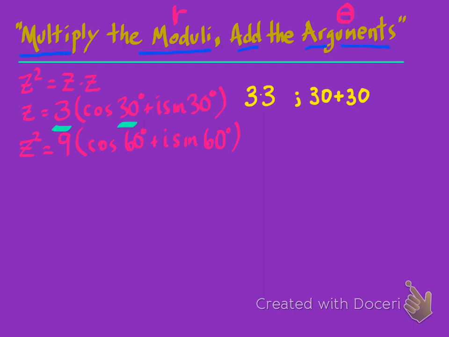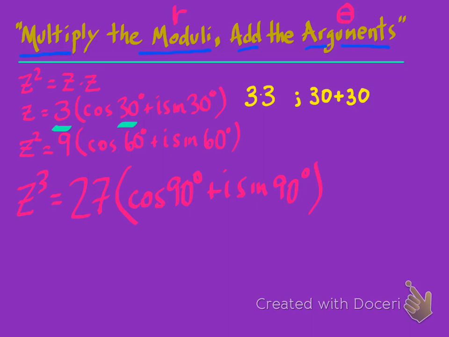If I wanted to take another jump up to a higher power like z cubed, all I have to do is that same thing again: 3 times 3 times 3, and 30 plus 30 plus 30. So I get cosine 90 plus i sine 90. You can see a pattern going on there: I'm taking the modulus r and raising it to the same power that I'm raising my number to, and I'm taking the angle theta and multiplying it times that exponent.